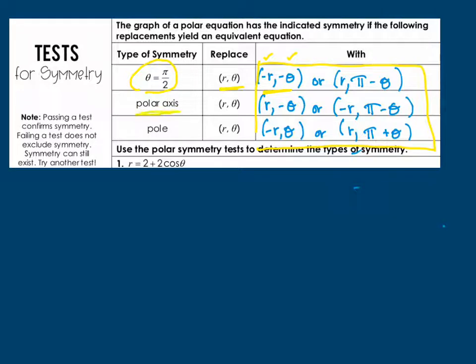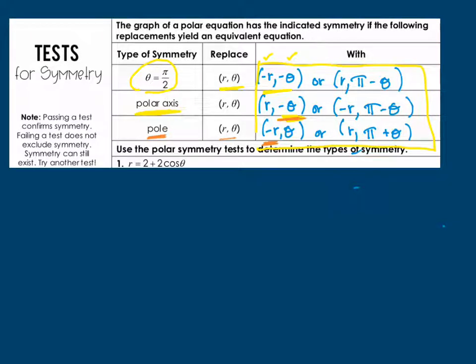To see if it's symmetric to the polar axis, you just switch theta to be negative. And if you want to see if it's symmetric to the pole, you change just the r to be negative. You go from r, theta to negative r, theta.